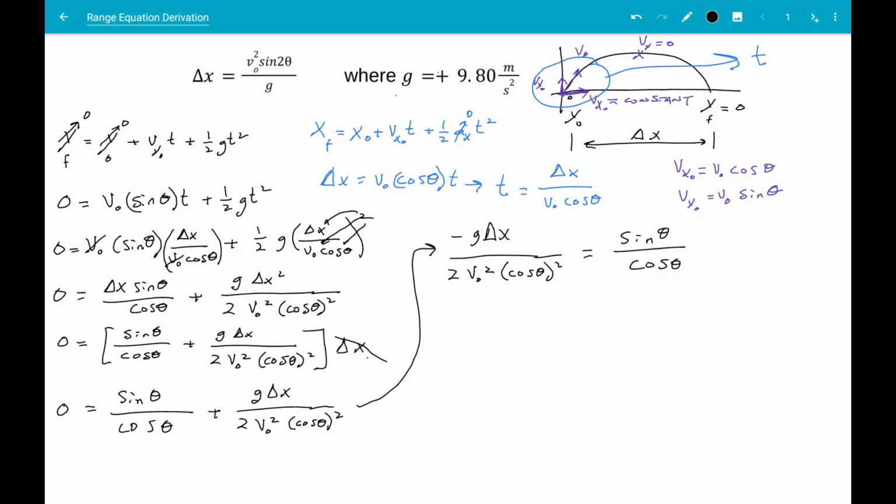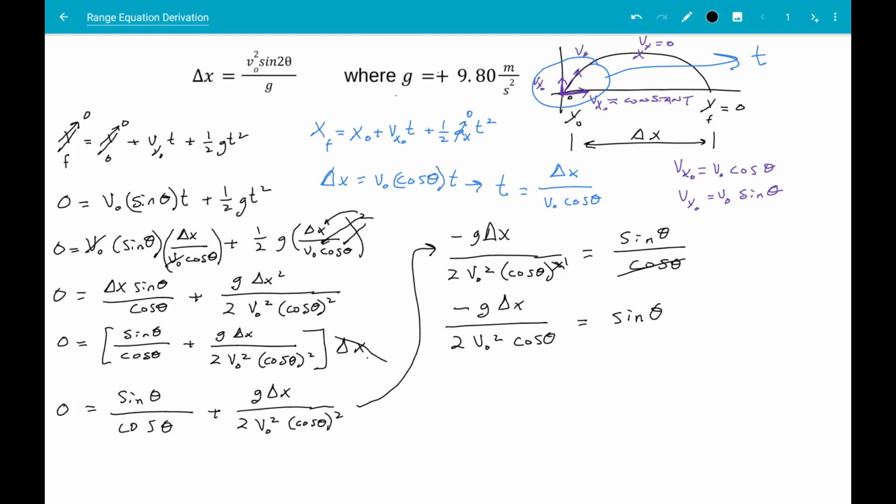Well, check this out. We got a cosine on the bottom. If we multiply both sides by cosine, this cosine disappears and one of the cosines remains, so let's put a 1 there. So this is gone, all right? So I'm going to rewrite it so that you can visualize it. So negative g x over 2 v naught squared cosine theta equals sine theta.